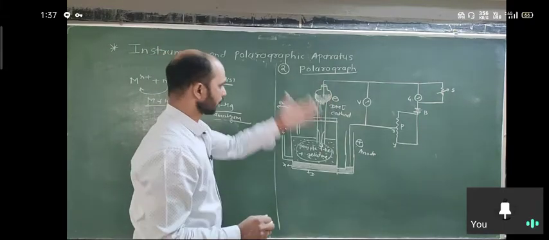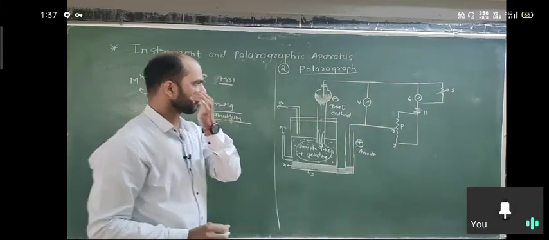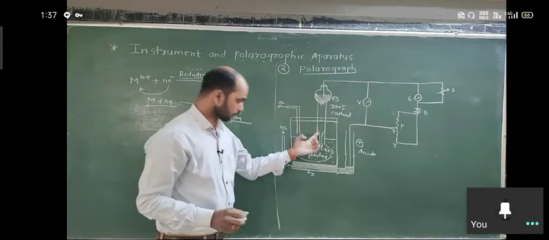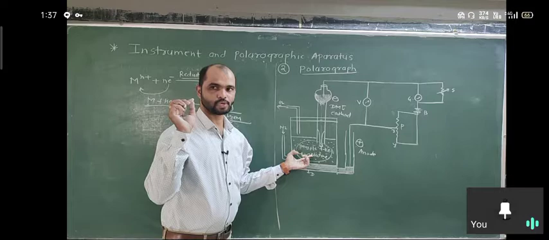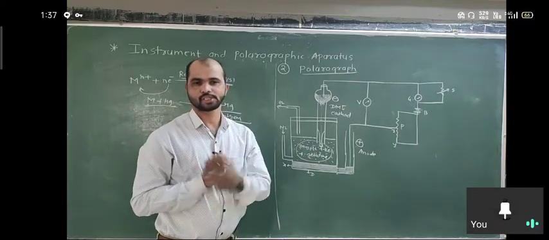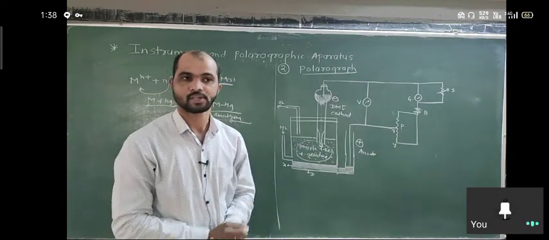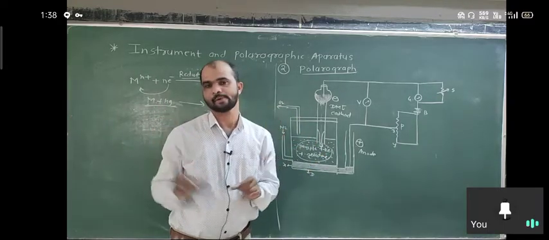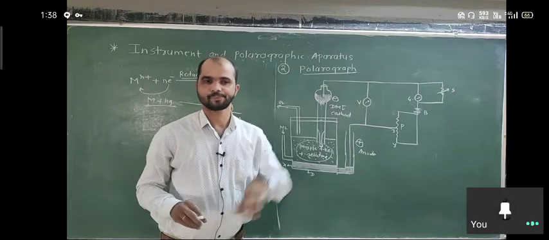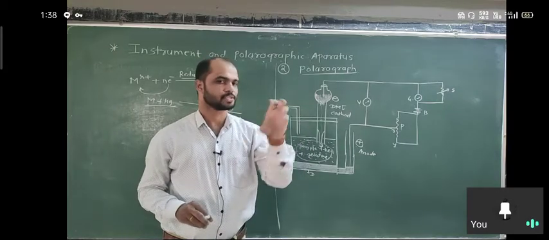So this way we measure how much current passes through this solution, because when reduction occurs, one metal may have a +1 oxidation state and another a +3 oxidation state. Suppose we consider two samples: in the first sample the metal has a +1 oxidation state, in the second a +3 oxidation state.